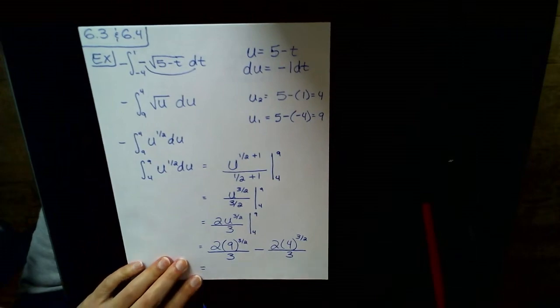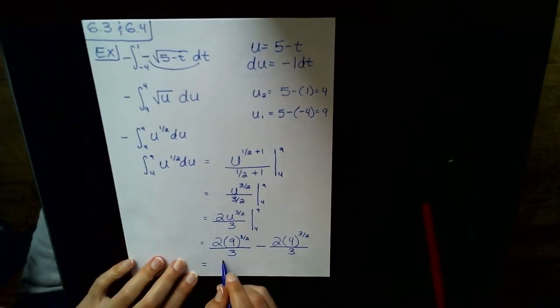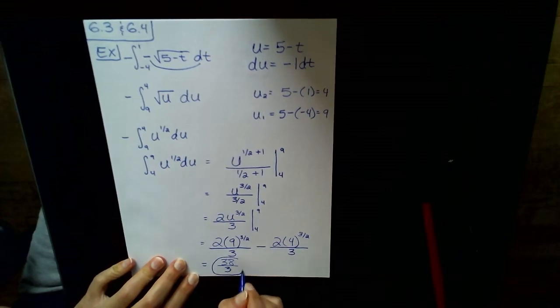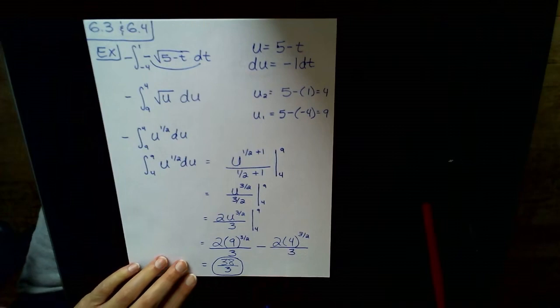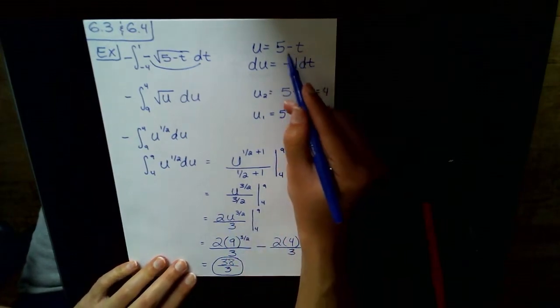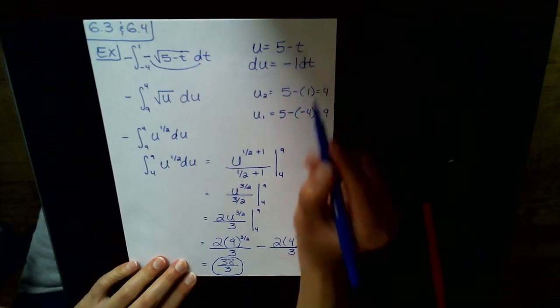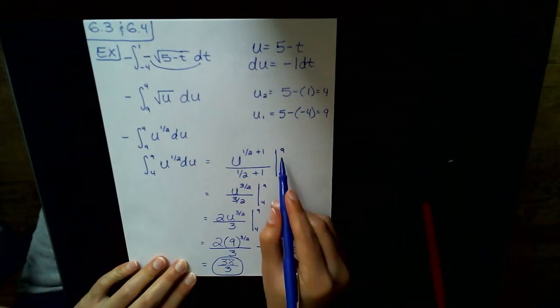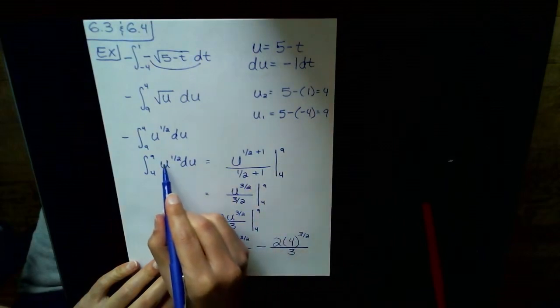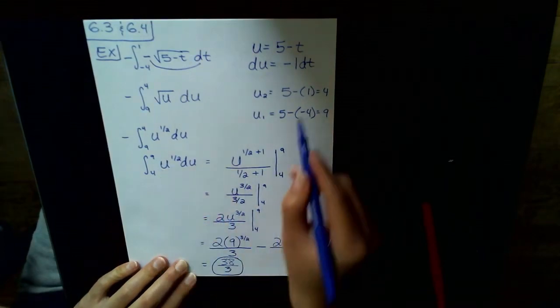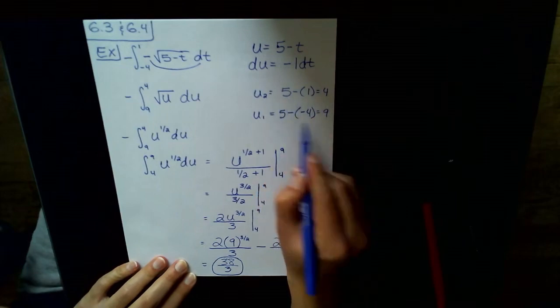And when we plug this into our calculator, we're left with 38 over 3. Note that we never had to change back to 5 minus t for our u value because we changed our limits of integration to u values when we plugged them in to the u equation.